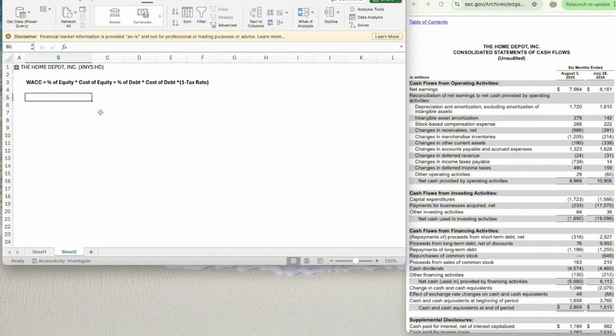So the way we're going to do this, we need the market cap, we need the percentage of equity, cost of equity.